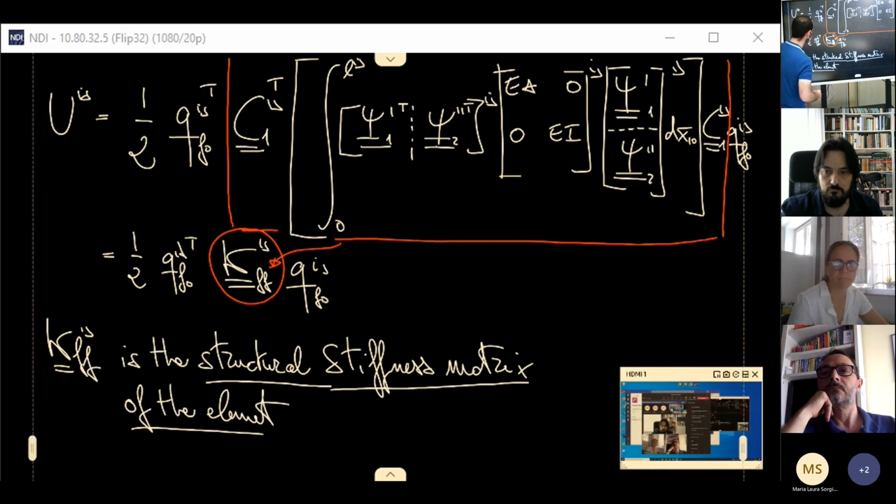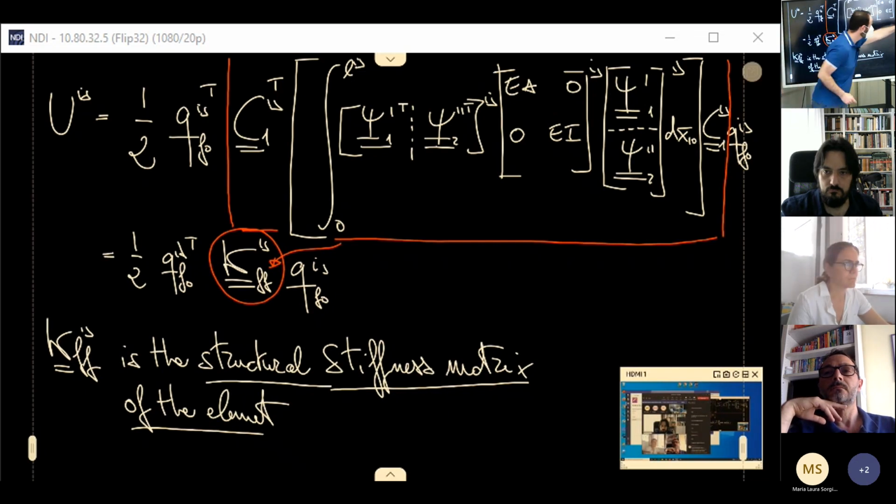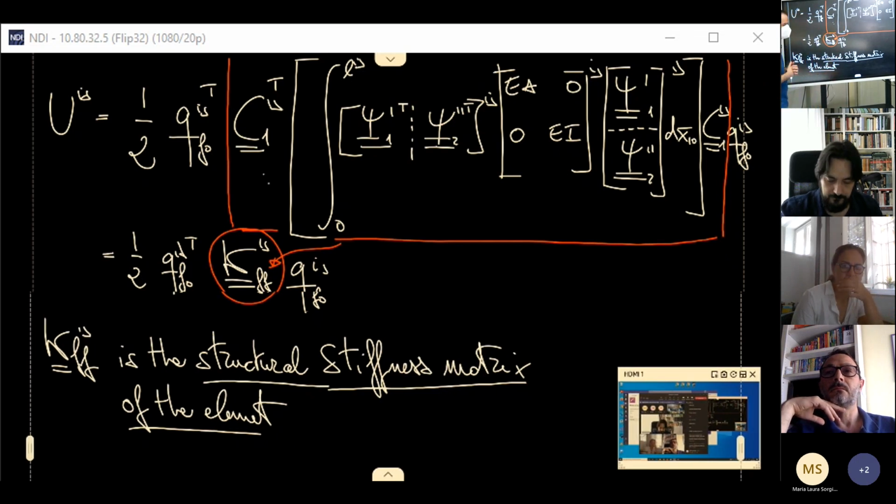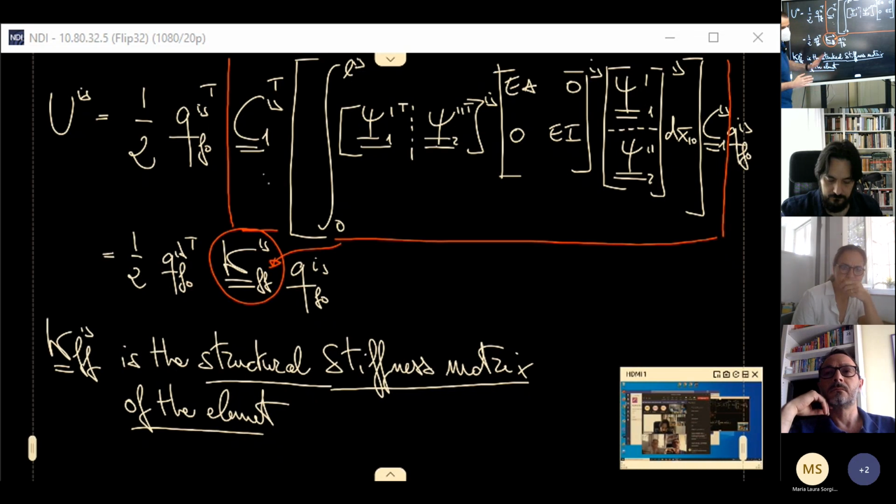All right. So again, in this case, there is something which is different from what we have seen so far. Because in the stiffness matrix, we have also encompassed two terms, the C1 matrices, which are variable with respect to the orientation. So until now, we always have dealt with stiffness matrices which were constant.